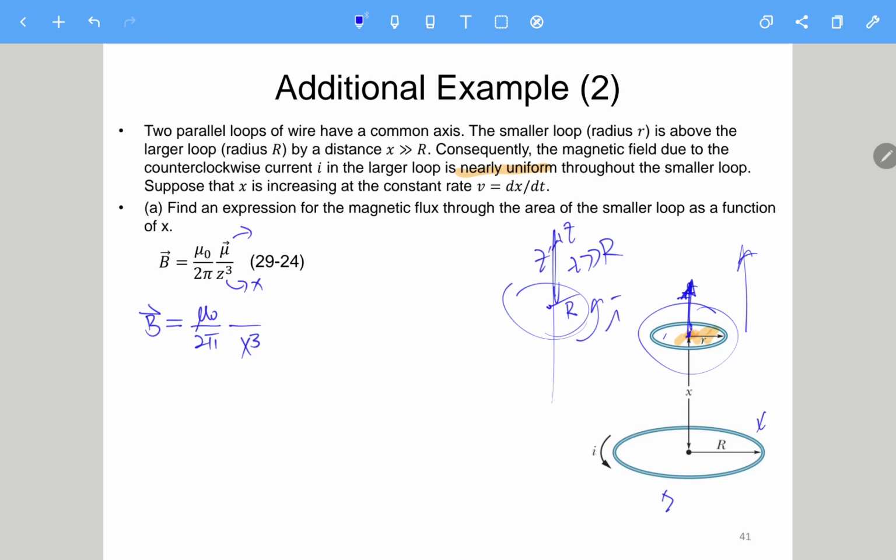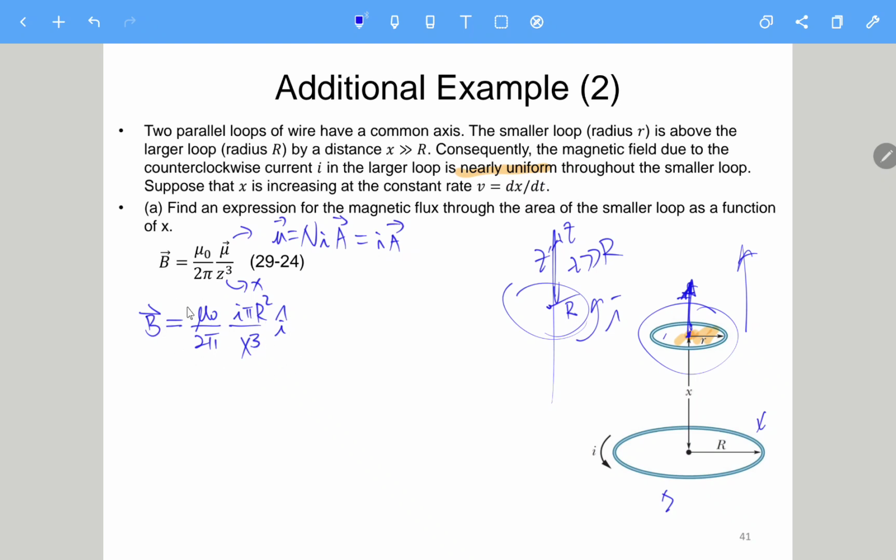If you still remember, it should be mu equals N I A. N is the number of turns, I is the current, A is the cross-section area. Here we only have one turn, so N is 1, so it is I times A. The cross-section is a circle, so it's pi r squared. So it is I pi r squared, pointing to the positive x-axis, so we use i hat to represent the unit vector in the x direction.